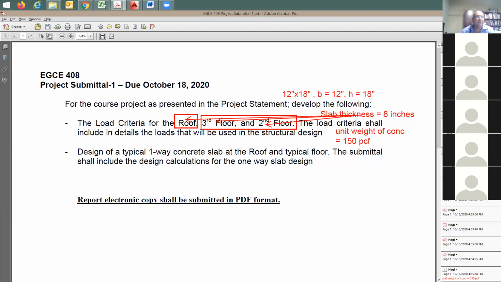So now let me draw this for you. So here's the concrete slab, right? Where's the width? I'm going to say the width is going to be this dimension here.